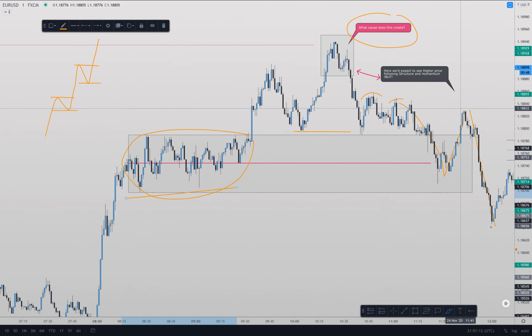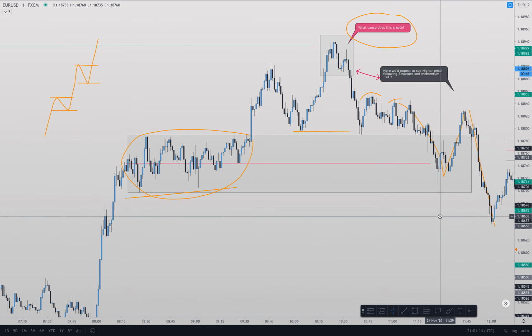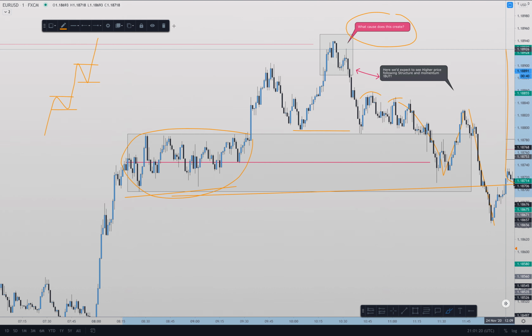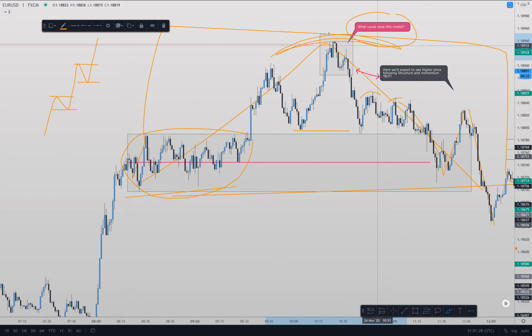Then you get the zone wipeout, and now we know all the liquidity in this upper region has been completely cleared in this type of price delivery that we're seeing here. This would be a higher time frame high, because we see that fractal nature in price delivery.